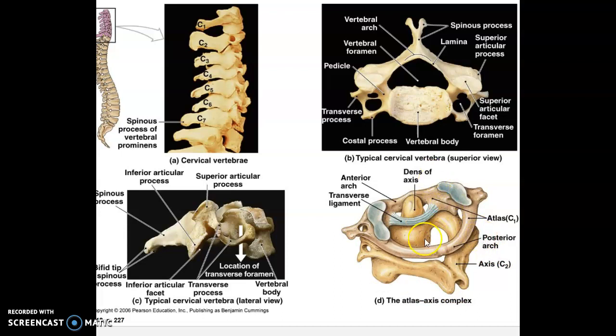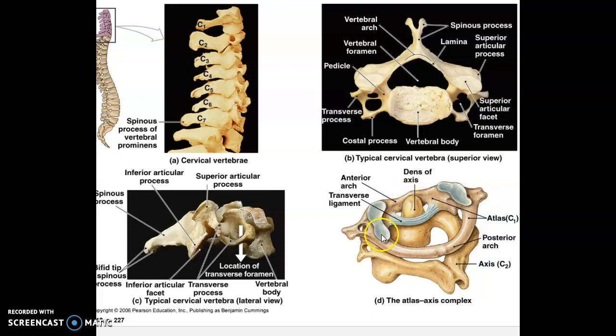Okay, so the C2 vertebra is not quite as broad as the C1 vertebra, but it does have a unique feature that we don't see on any other vertebra, and it's called the dens or the odontoid process. So you need to be able to recognize that as either one, the dens or odontoid process. And of course it's called the axis because in an axis you can usually pivot around an axis. So the C1 literally pivots around the C2, especially there at the dens.